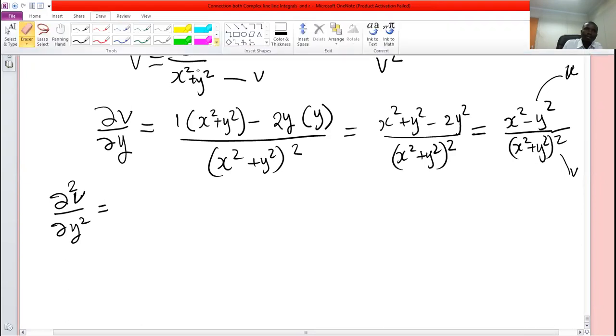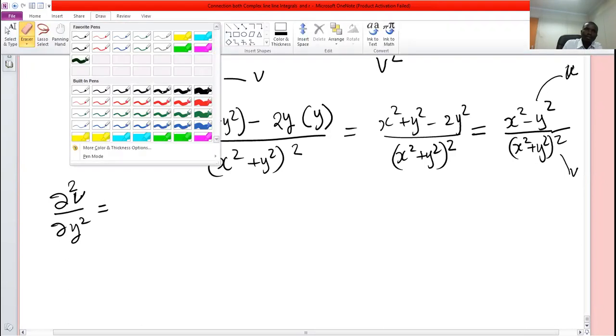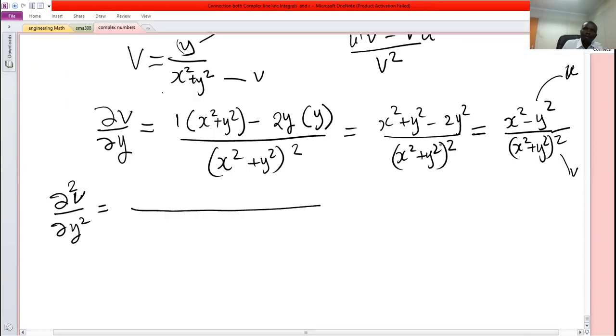So once I have my u prime, which is minus 2y, v is x squared plus y squared, squared, minus v prime, the derivative of this one will give me 2.